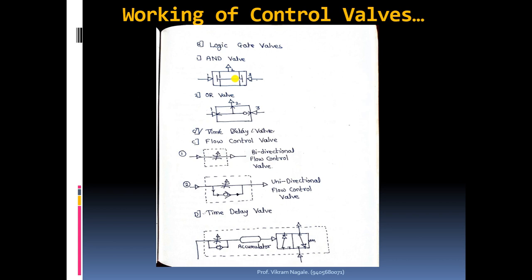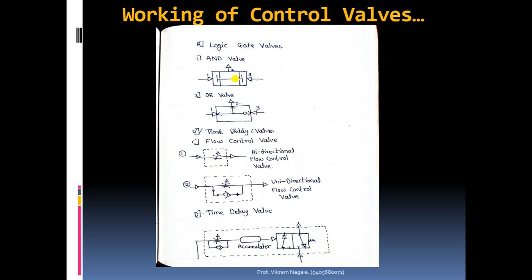That means in case of AND wall, if both inputs are active, that means if the compressed air is coming at port 1 as well as 3, then only it will send the air to port number 2. And if any one input is inactive, that means if the air is present at port 1 and air is not present at port 3, then air will not pass to port 2.